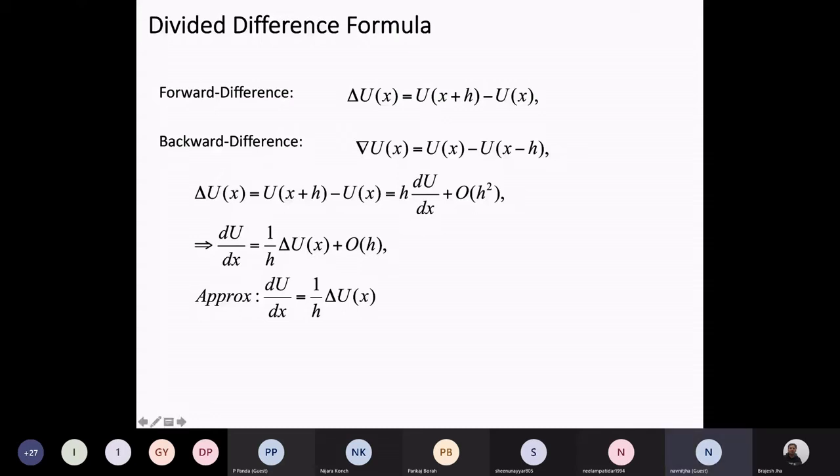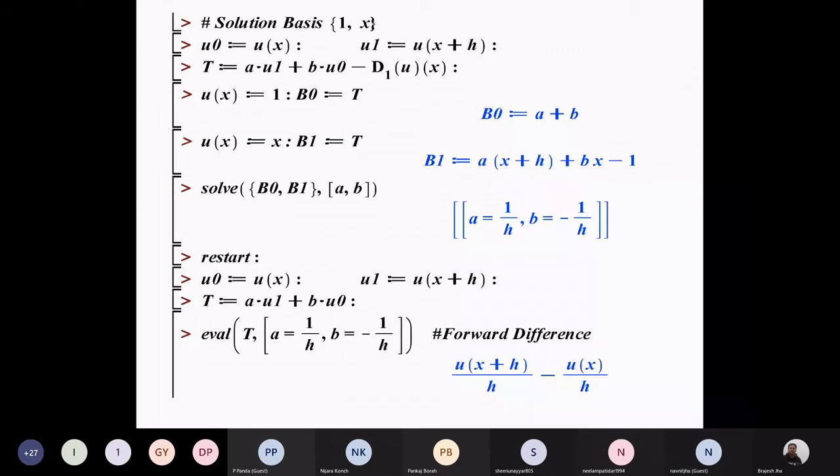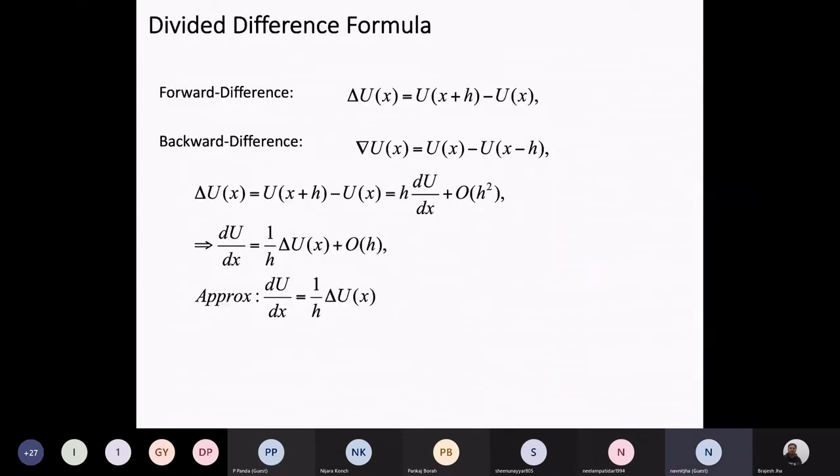Now, before moving further, I would like to say the same derivative, the first derivative du by dx, can be obtained by the backward difference operator also. That also gives you the same result.